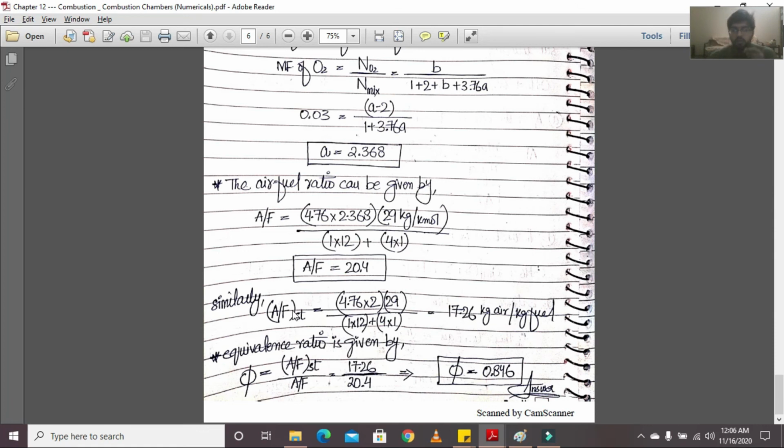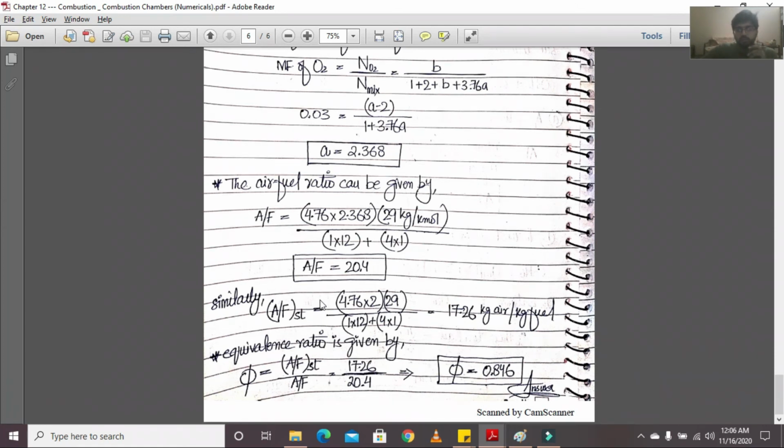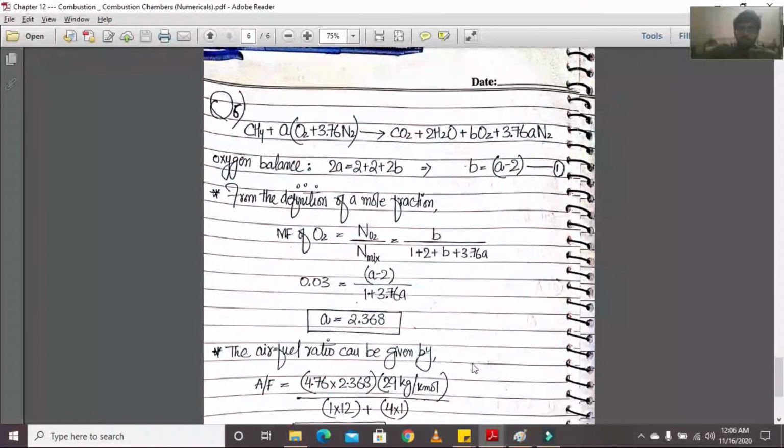Then, since we have to determine the equivalence ratio, I take the ratio of the stoichiometric air-fuel ratio to the actual air-fuel ratio, and the value of the equivalence ratio comes out to be 0.846.